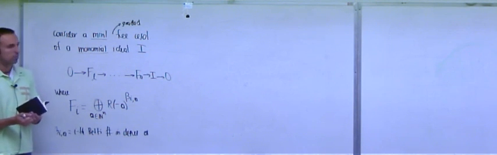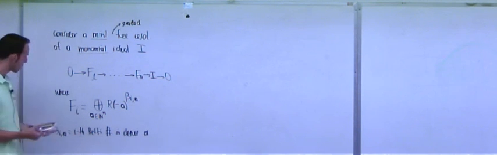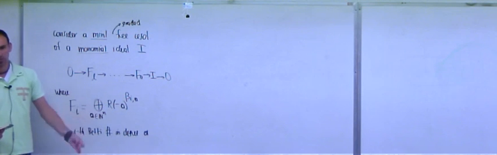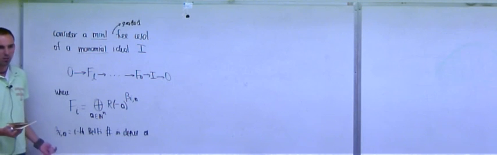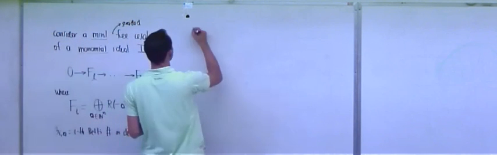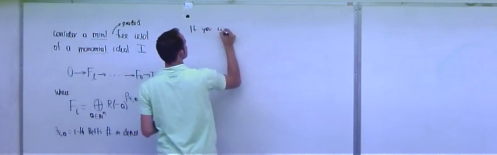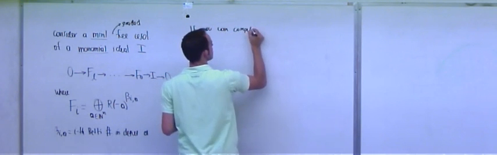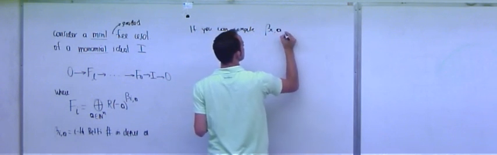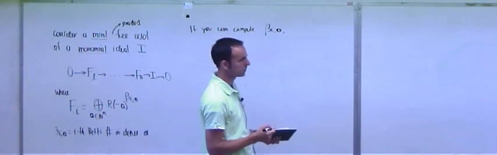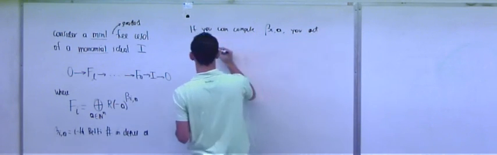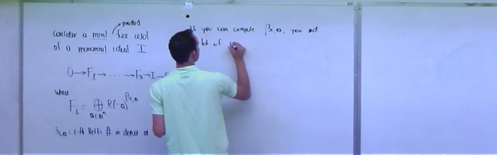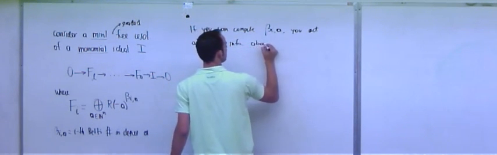So the point is that basically, if we can compute these numbers, then that gives you a lot of information about the ideal. For example, we saw how you can get the Hilbert series immediately as soon as you have these numbers. So if you can compute the Betti numbers, that gives you a lot of information about your ideal.